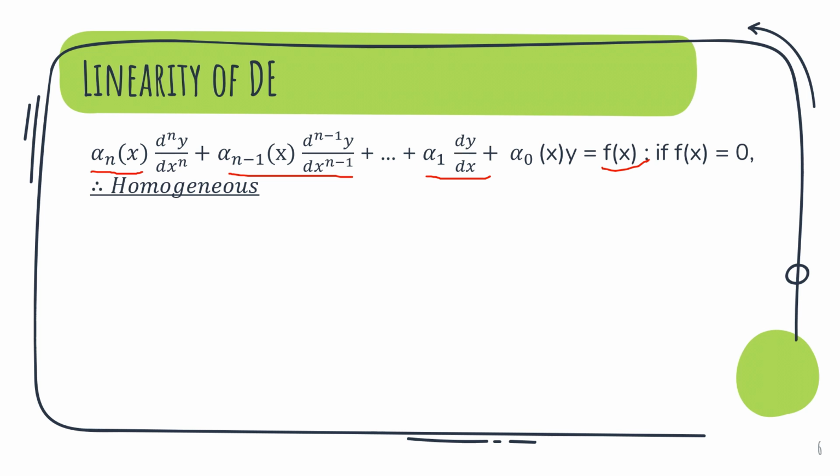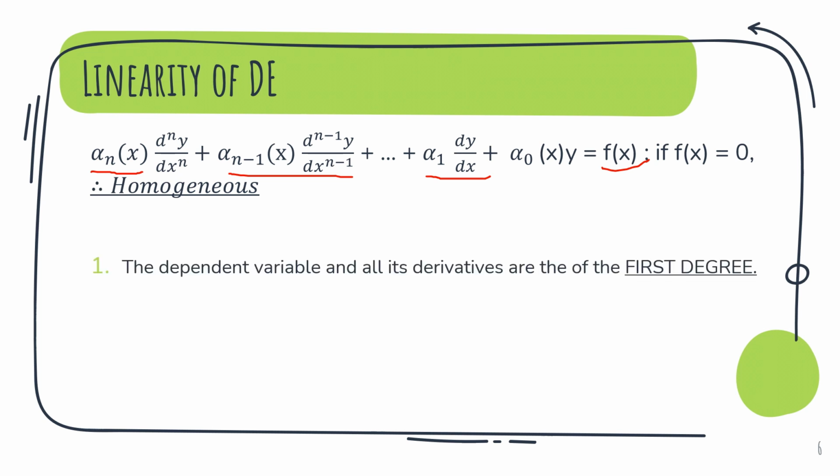So, if ang f of x natin ay naging 0, therefore, yung whole equation ay homogeneous. So, ito yung mga conditions niya. The dependent variable and all its derivatives are of the first degree. Sorry for the typographical error.